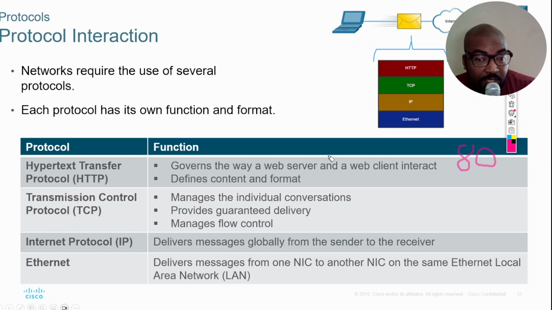I want you to email me which port number HTTPS uses. Send me an email on that one. TCP, Transmission Control Protocol, manages individual conversations and provides guaranteed delivery and flow control. IP, Internet Protocol, delivers messages globally from sender to receiver. That's the IP address. And Ethernet delivers messages from one NIC to another over the same local area network.